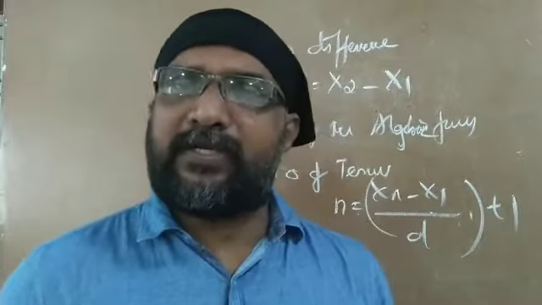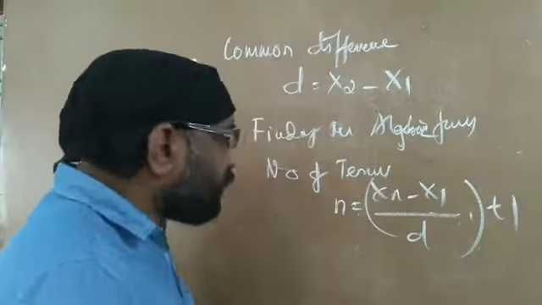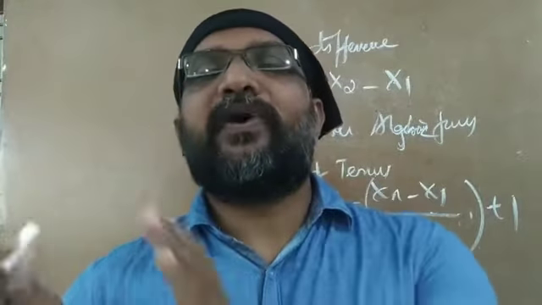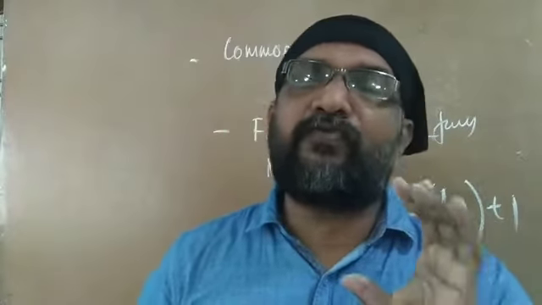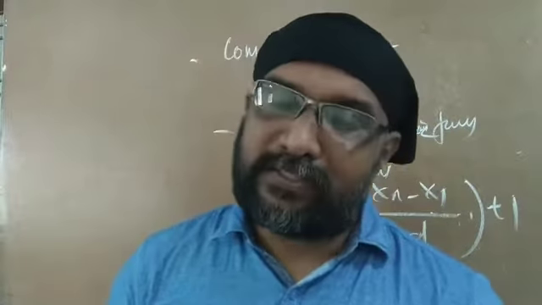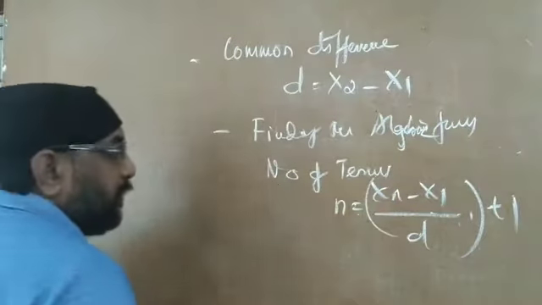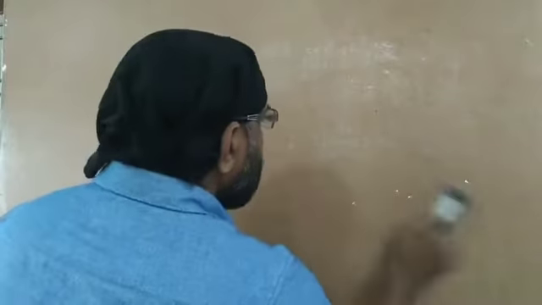There are many other methods, and this is one of the methods used in your text. And after this, the next idea, finding the sum of terms of an AP, finding the sum of first 10 terms of an AP. AP means arithmetic progression or arithmetic sequence. To find the sum of first 10 terms of the AP, there are two formulae being used.